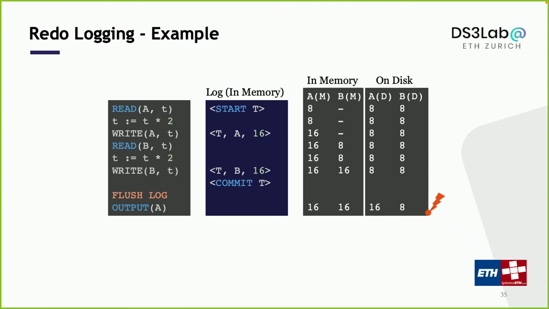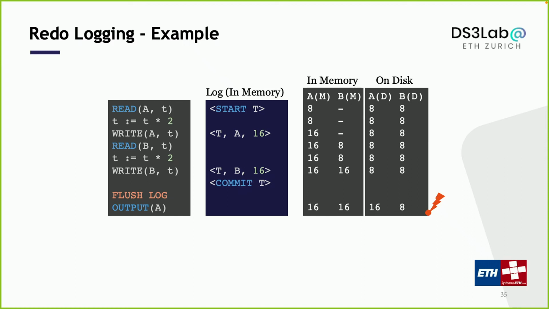So it's not consistent. What I'm going to do is, since this transaction is committed, I'm going to redo it. Okay? From the top all the way to the bottom, I'm going to scan all the records. Start T. Okay, great. The first one, the new value of A should be 16. I read that record, I update A to 16. In this case, A is already updated, so I just change 16 to 16. Nothing happened. Okay? And then I scan the second record.